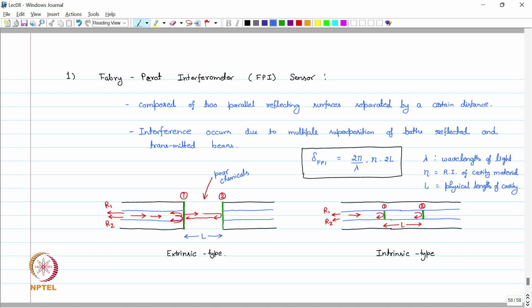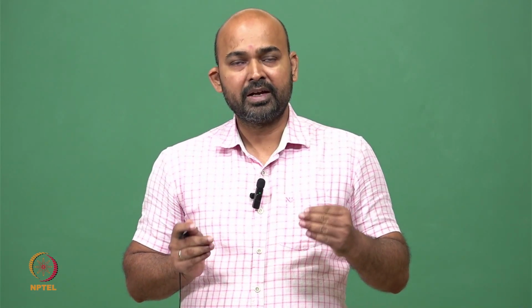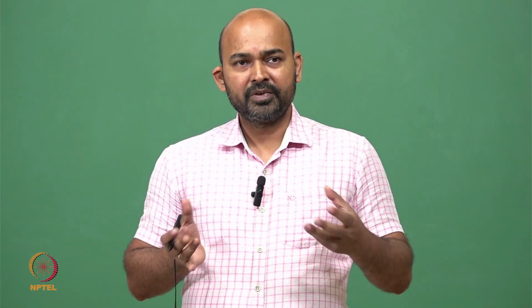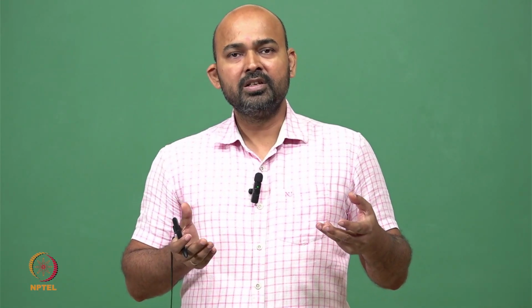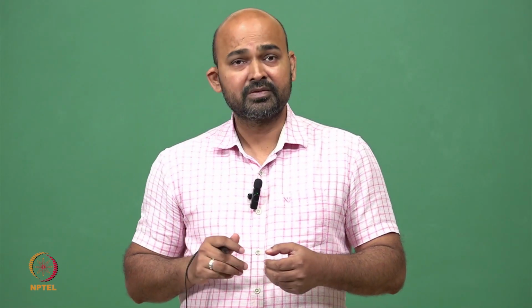We can see this depends on 3 parameters. One is lambda, what frequency or what wavelength we choose for the optical light wave. That is generally fixed by experiments. We generally choose a single optical source, and based on that our wavelength is fixed.